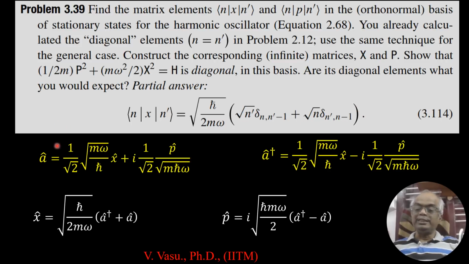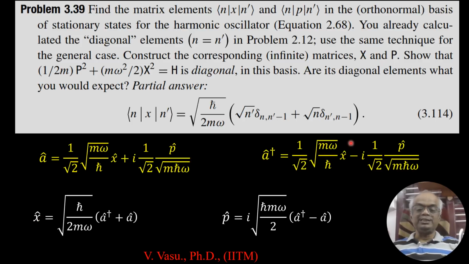So we know, in the theoretical lecture we have seen the annihilation operator a hat is equal to 1 over square root 2, square root of m omega over h cross x hat, plus i times 1 over square root 2, p hat over square root of m h cross omega. The creation operator a dagger is just this with the sign made minus, so the complex conjugate of this one. Then from these two you can evaluate x hat.